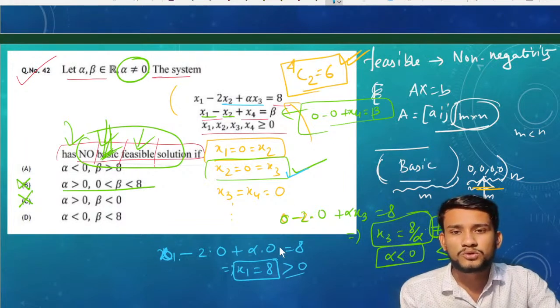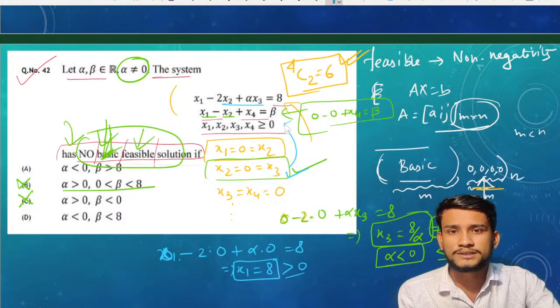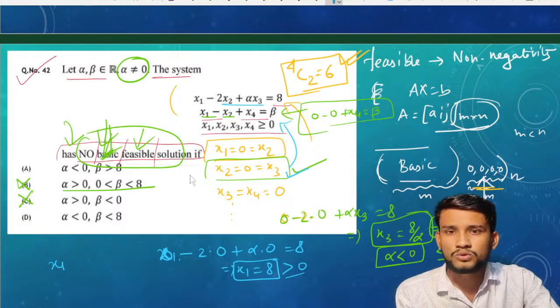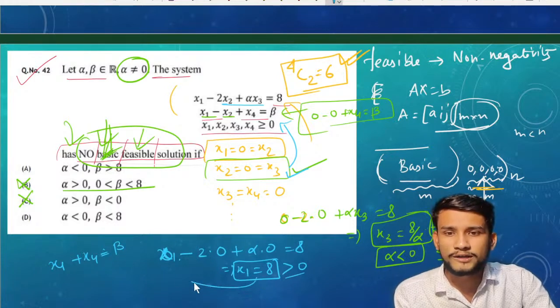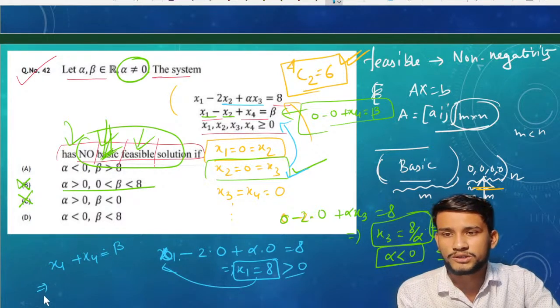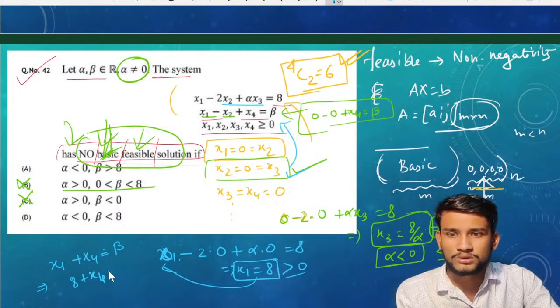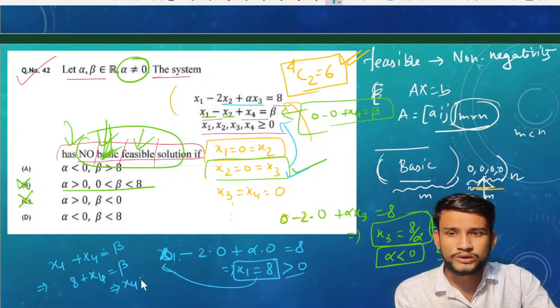Now if we put x2 equal to 0 and x3 equal to 0 in the second equation, we get x1 plus x4 equal to beta. We already have x1, so 8 plus x4 equal to beta. This implies x4 equal to beta minus 8.